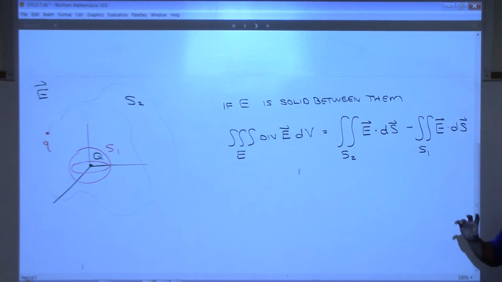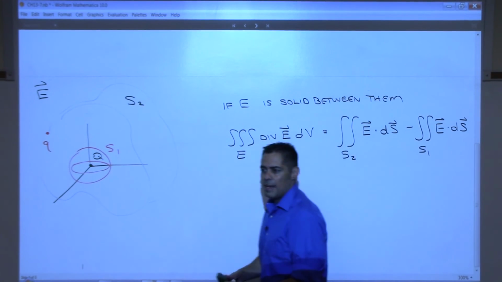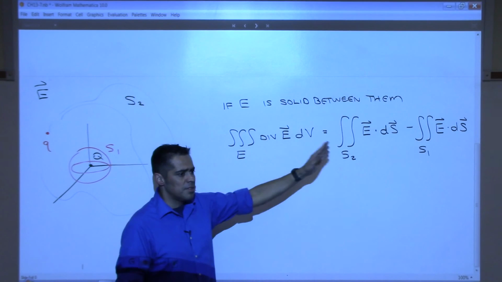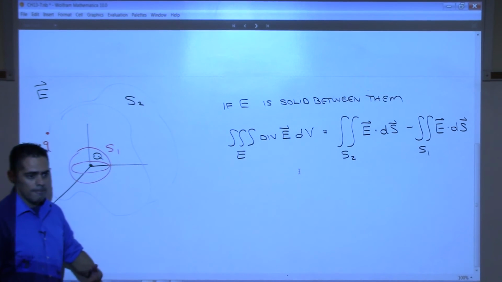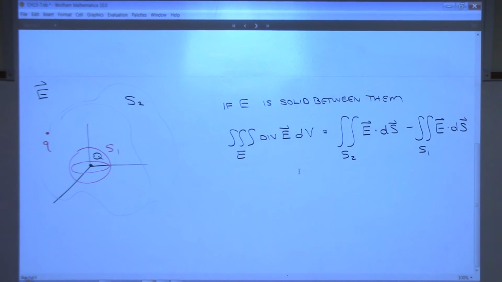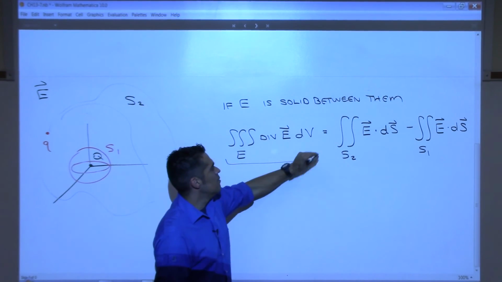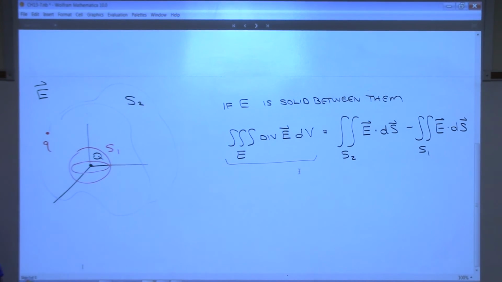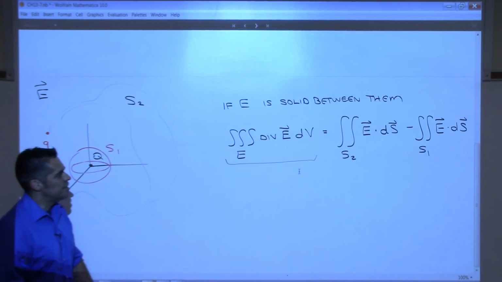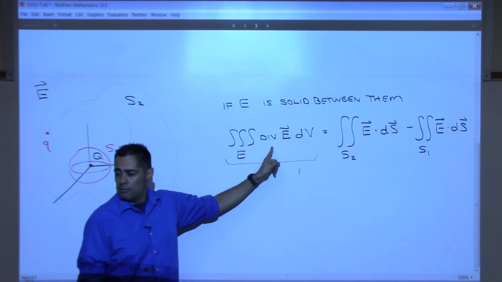Now, if you remember how I snuck in and did the other problem, I was able to show one of these was something real quickly and easily. I'm going to do something similar here. I'm actually going to work on the left side of this right now, which means I want to find the div of E. What's going to happen is that this is actually going to become 0.